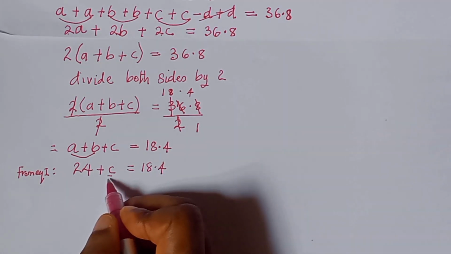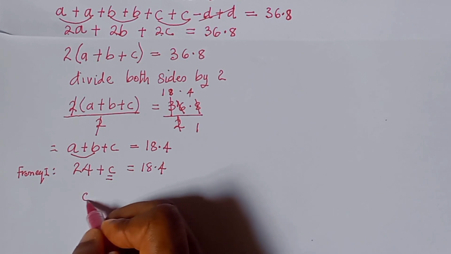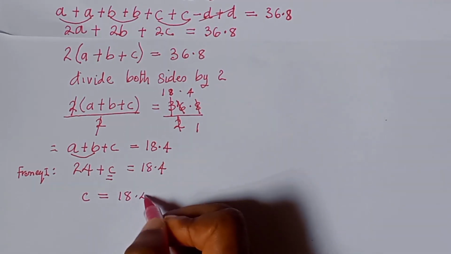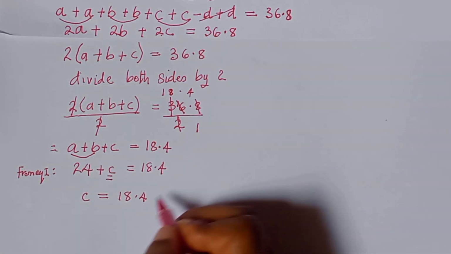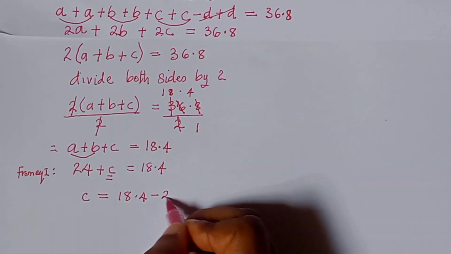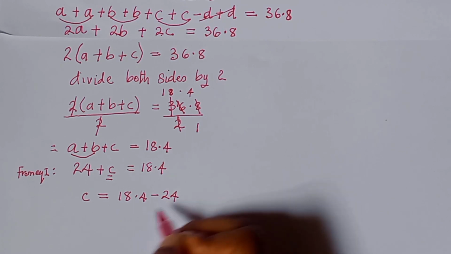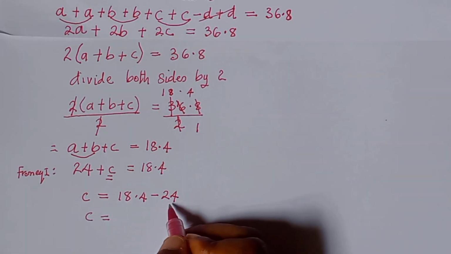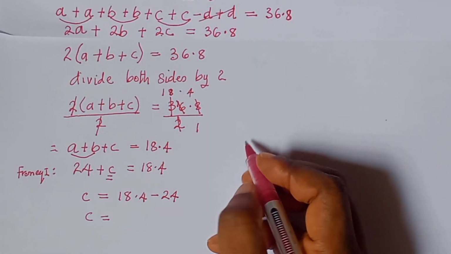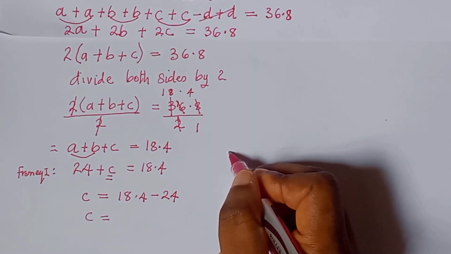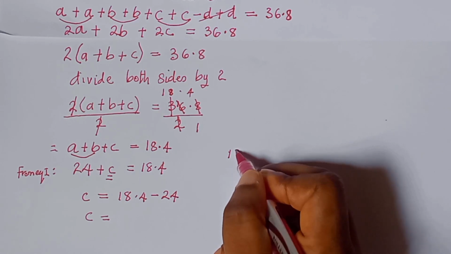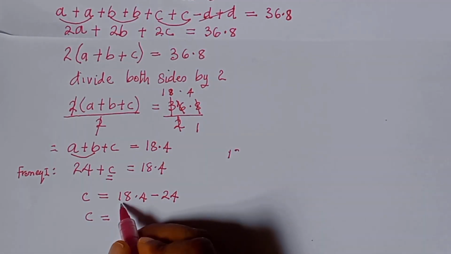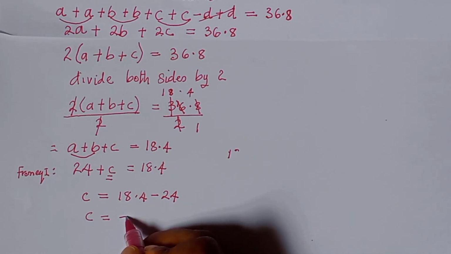So we can find our C by saying C equals 18.4 minus 24. This is a lesser number than this. Because of that, we are going to have our negative sign.